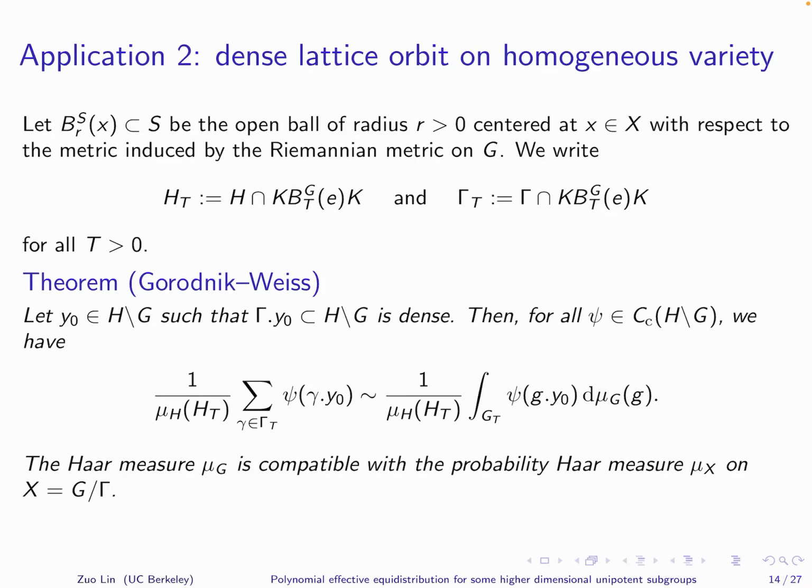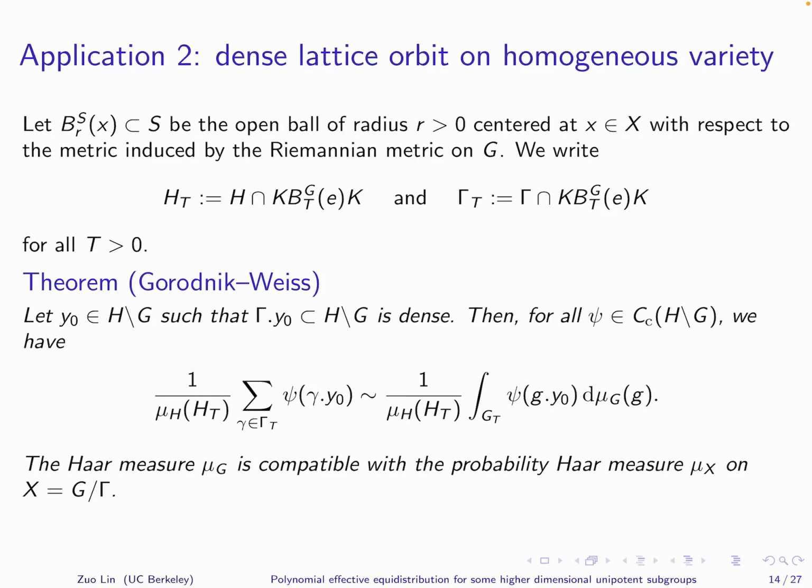So H sub T will be the intersection of my smaller group with the ball of radius T in this large group G, and gamma sub T will be gamma intersected with the size T ball in G. Okay, and under this setting, Grodnik-Weiss proved the following results on asymptotics for dense lattice orbits on homogeneous varieties.